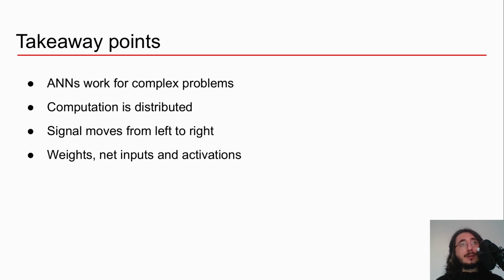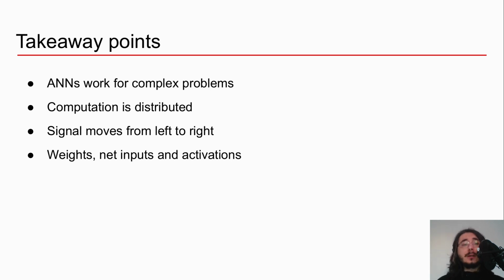So we have single neurons that do individual computations, and then all of this information is passed on to other neurons. So another important thing that we saw here is that in a feed-forward network, like a multilayer perceptron, the signal moves from left to right.